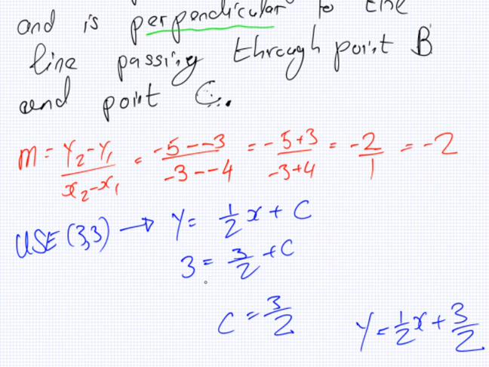Sorry, I meant to say B and C here at the end. Okay, that's what it should be. It's perpendicular to the line passing through point B and point C. So I want you to try and draw this.